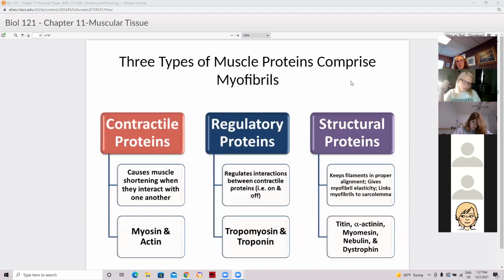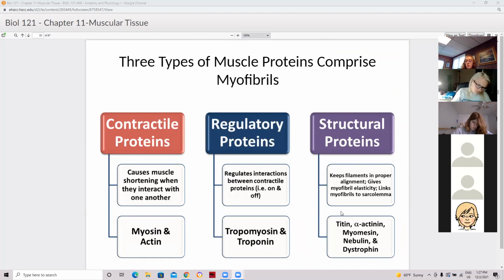There are three types of muscle proteins that comprise myofibrils. Contractile proteins cause the muscle to shorten when they interact with one another, so myosin and actin. Regulatory proteins regulate the interactions between the contractile proteins, and these are troponin and tropomyosin.